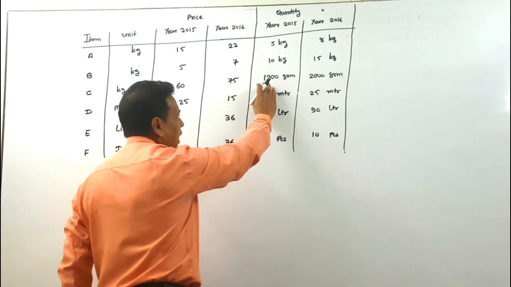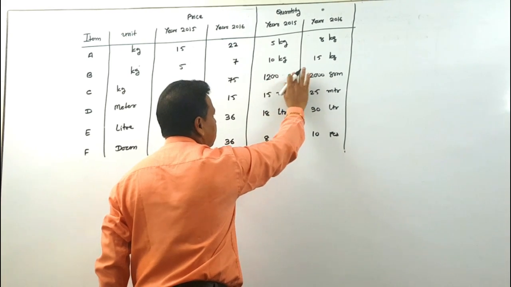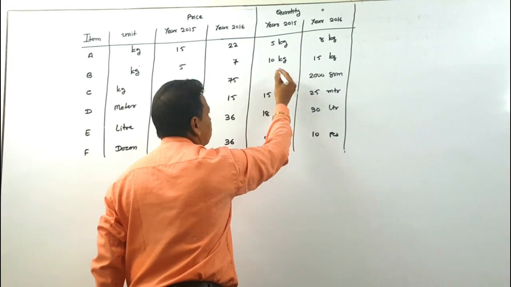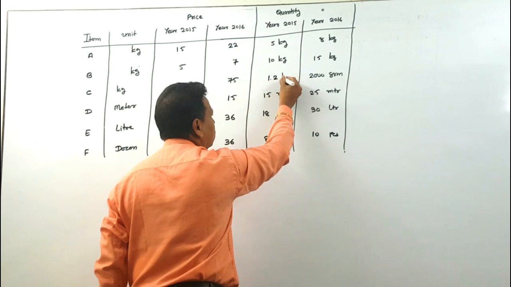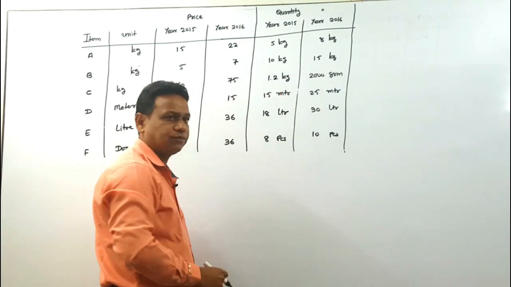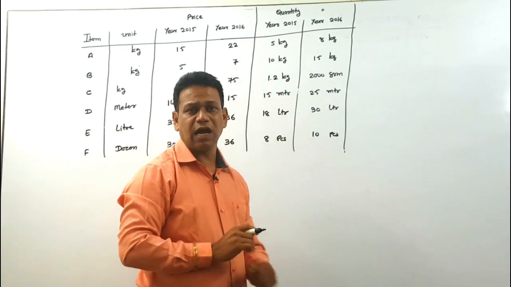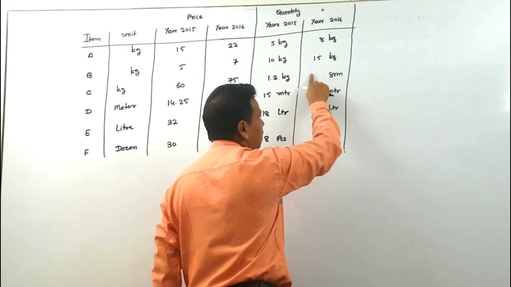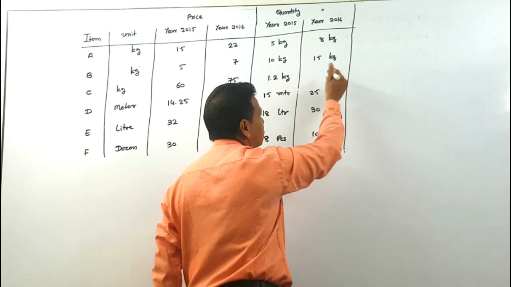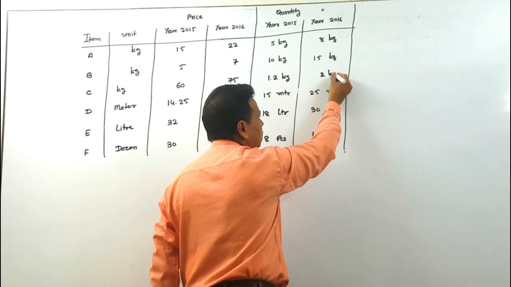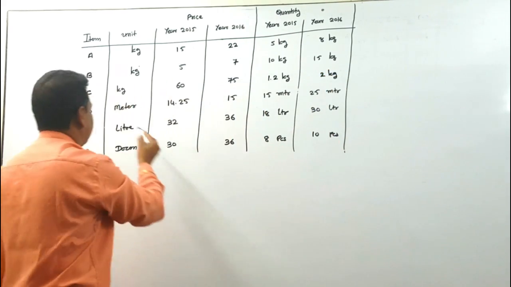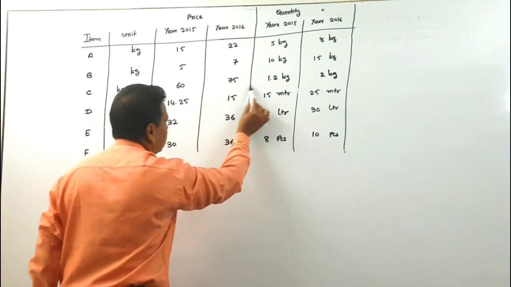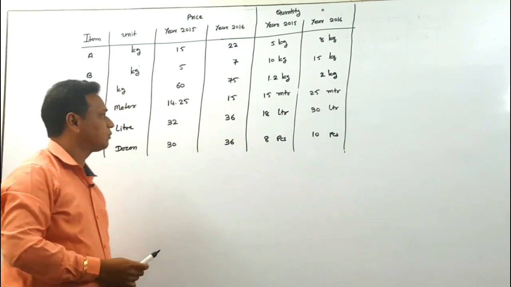So 1200 gram divided by 1000 gives 1.2 kilogram, and 2000 gram becomes 2 kg. This is the simplest way to make uniformity in units.